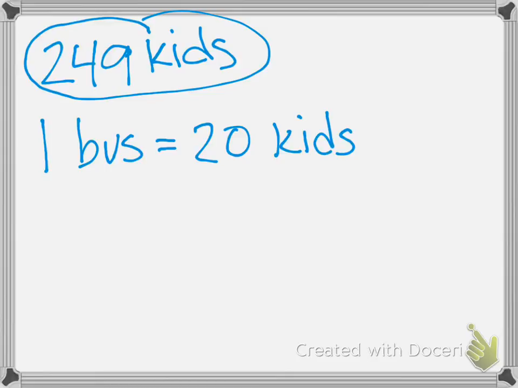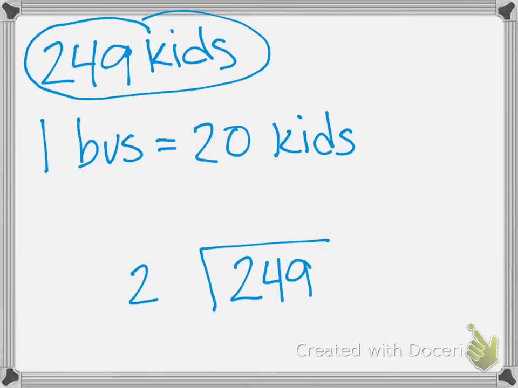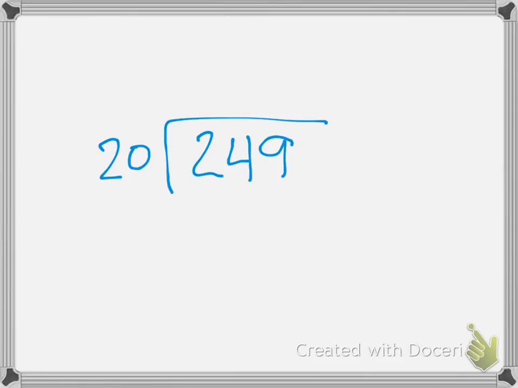So what would I need to do to solve this problem? Division, yes. So I would have to say we have 249 kids divided by 20 kids on 1 bus. So I'm going to flip the page and write that exact problem. So I need to ask myself, how many times does 20 go into 24? 1 time. 1 times 20.